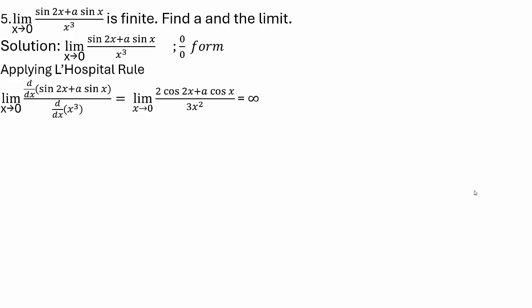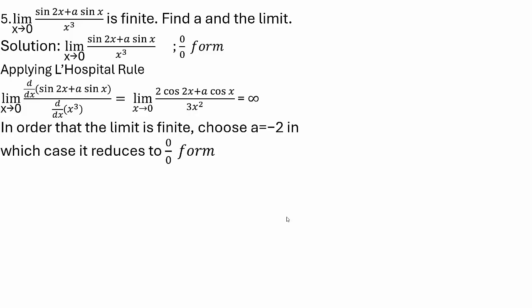Applying L'Hospital rule, limit x tends to 0 of derivative of (sin 2x + a sin x) divided by derivative of x³. It becomes limit x tends to 0 of (2 cos 2x + a cos x) divided by 3x². If we put x equal to 0, this term becomes infinite.